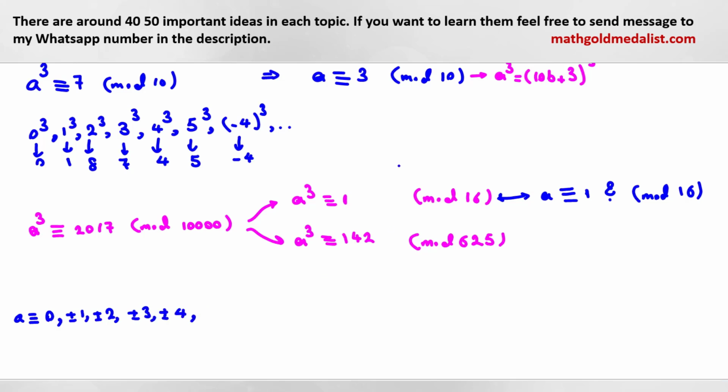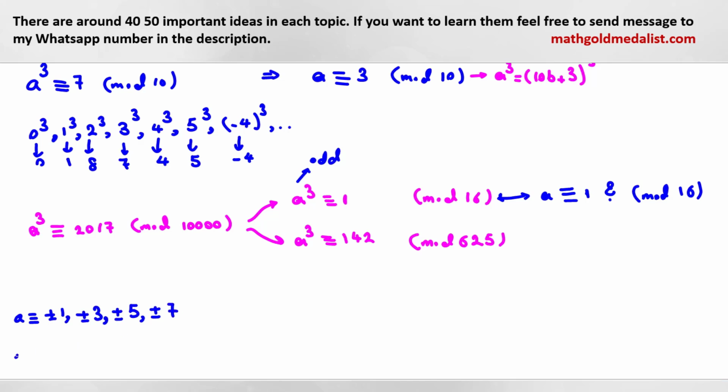At first it should be odd, right? So let's ignore even numbers. So we should check only plus minus 1, plus minus what? Next one, plus minus 3. Yes, plus minus 5.